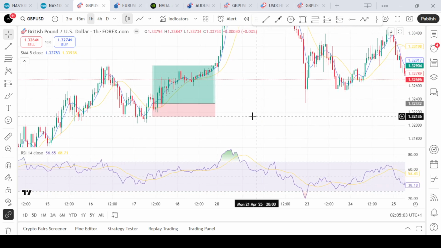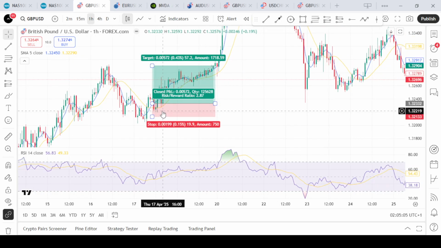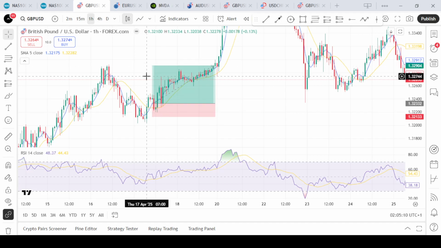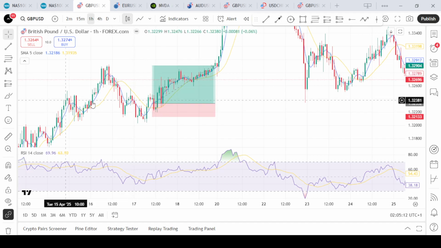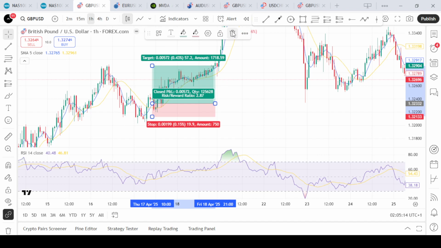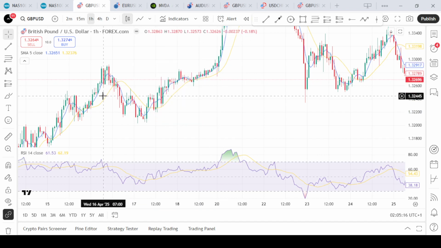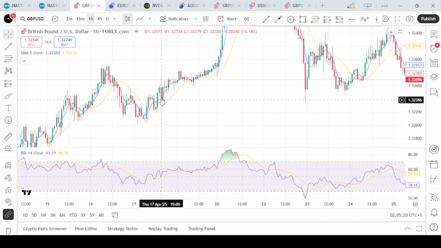Your sixth step would be to identify support and resistance areas. Remember, your simple moving average can also act as dynamic support and resistance regions on your market or levels. If price bounces off your short-term simple moving average, it might indicate a continuation of the trend.